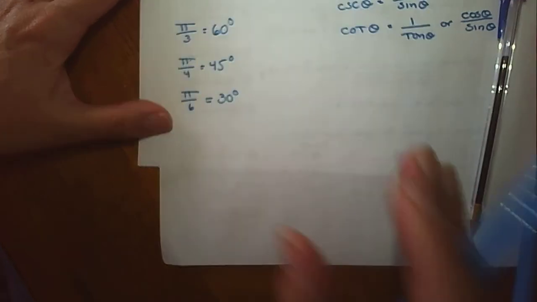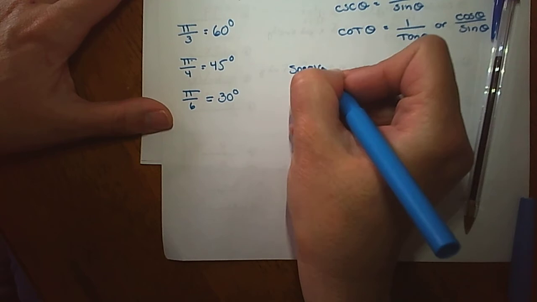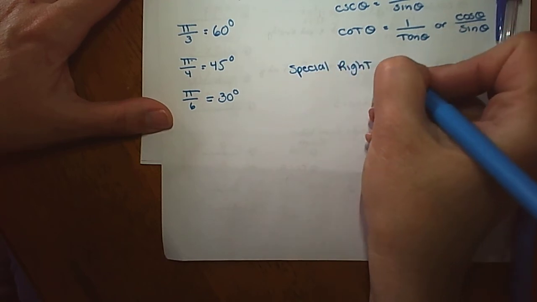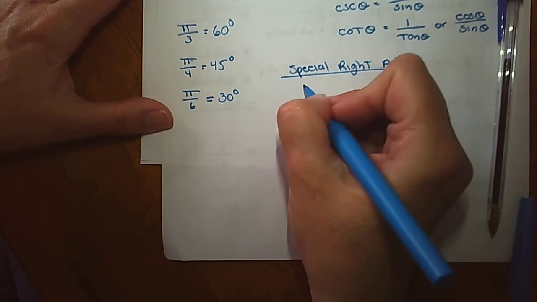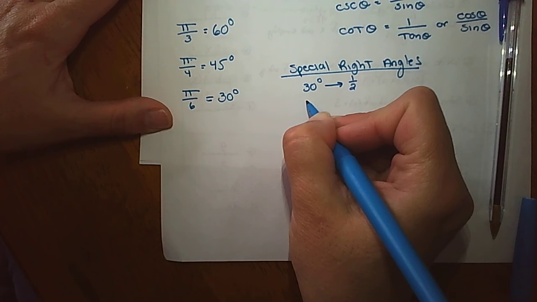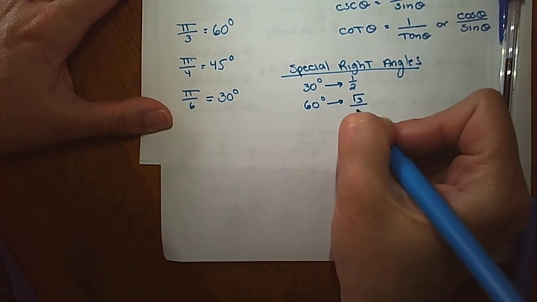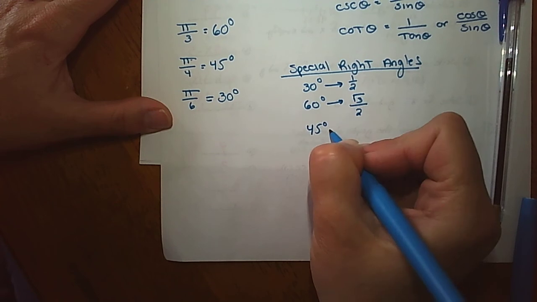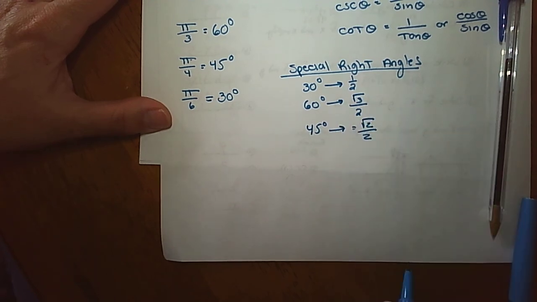And to know that, you have to know your special right angles. Right? Remember how the side across from 30 degrees is always a half? Side across from 60 is radical 3 over 2, right? And the side across from 45 is radical 2 over 2.